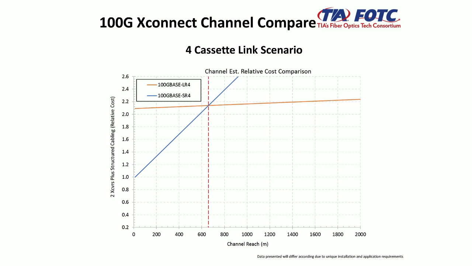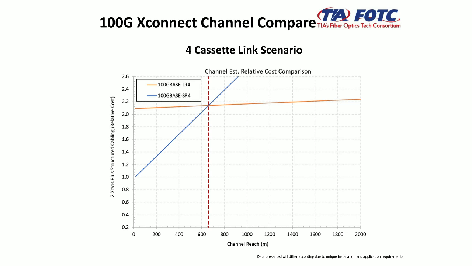What I put together here is a cost scenario of a 4 cassette link for 100G LR4 versus SR4. Now, an LR4 channel is serial duplex, so it is LC based. The SR4 channel is 8 fibers minimum, could be 12 fibers. So this model is made of a 4 cassette scenario.